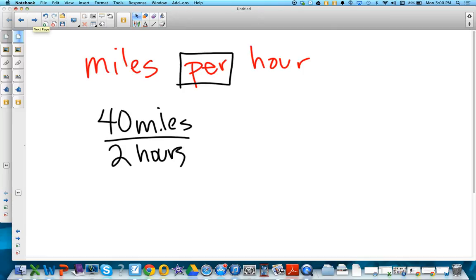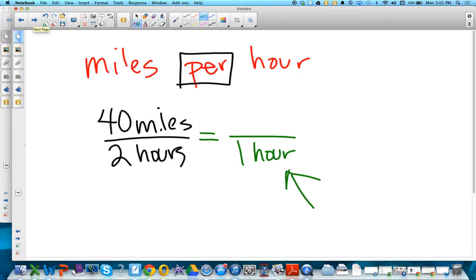That's not how the speedometer in my car goes. That's not how the street signs are. So what we would need to do here is figure out how many miles we need to go in 1 hour. We want our denominator to be 1. And this, then, is our unit rate.